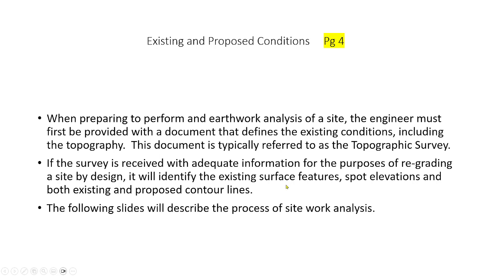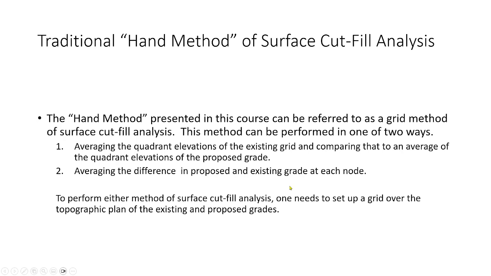The following slides will describe the process of site work analysis. We'll need to draw or overlay a grid scaled to the needs of the grading plan. Now, what in the world do I mean by that? You can be reading this PowerPoint; I'm just reading some notes I made.